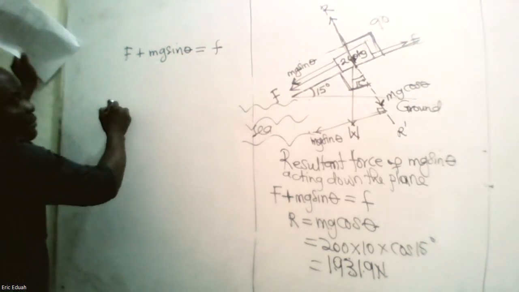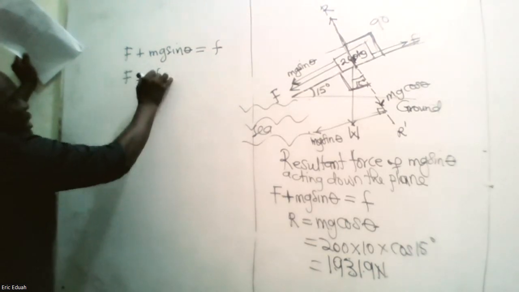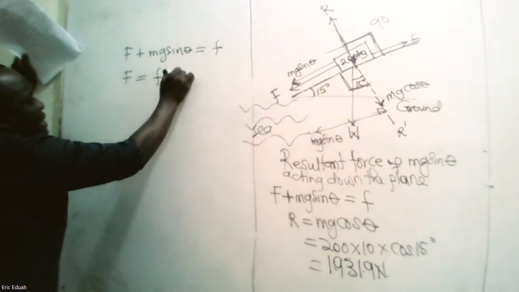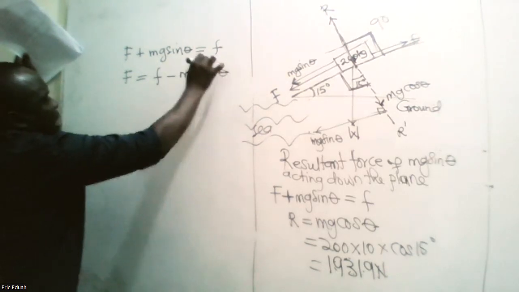Therefore, F will be equal to friction minus mg sine theta.